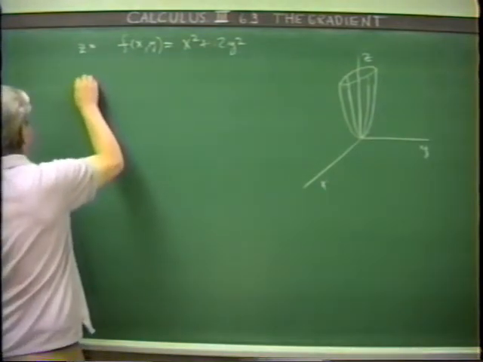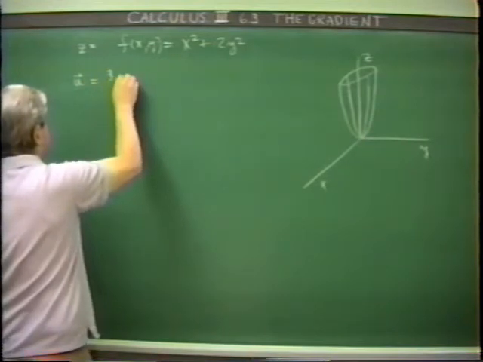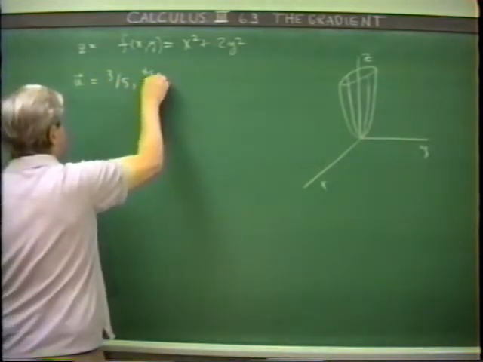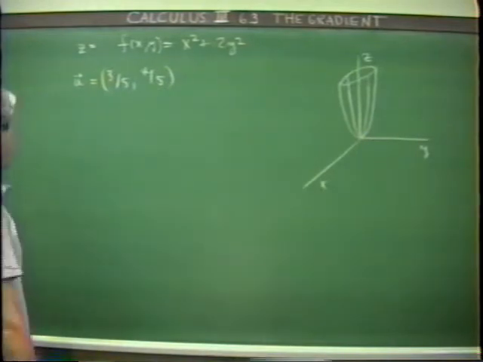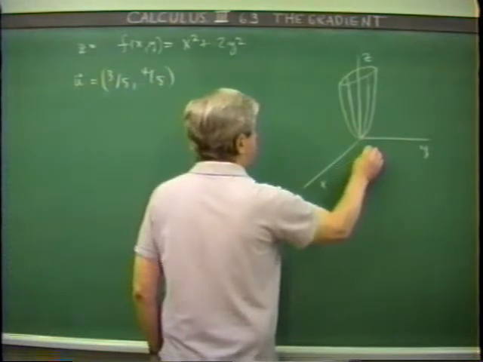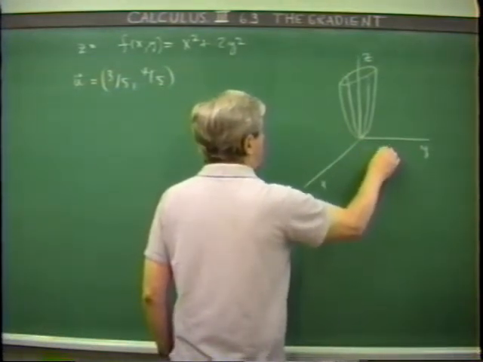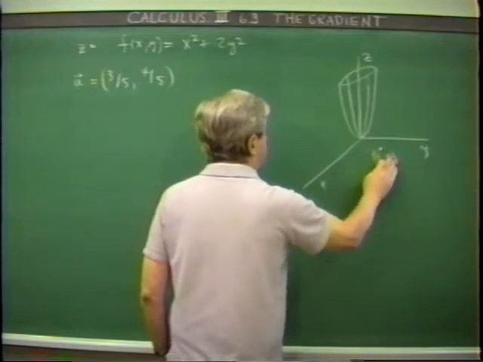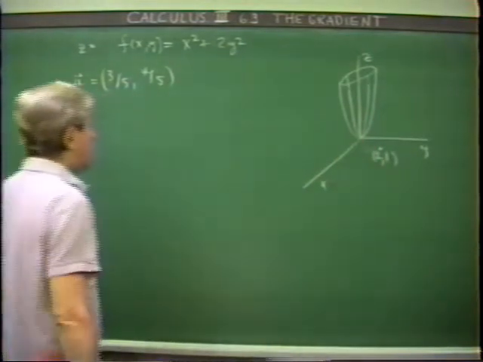All right. Let's take a particular unit vector here, u. For simplicity here, let's look at 3/5, 4/5. Right? 3 squared plus 4 squared is 5 squared, so this is a unit vector. And let's look at a specific point here. Let's do 2, 1.